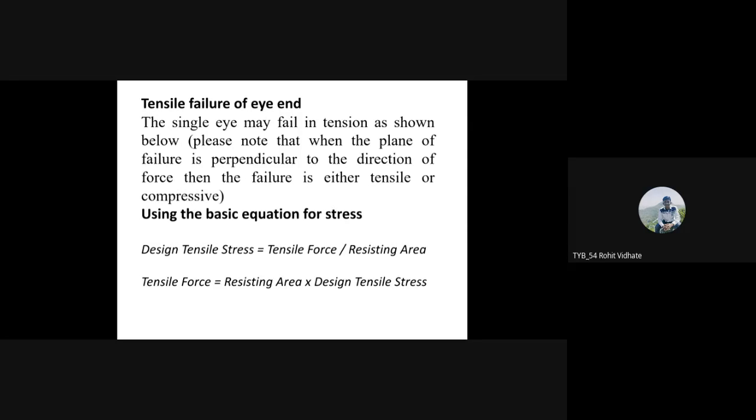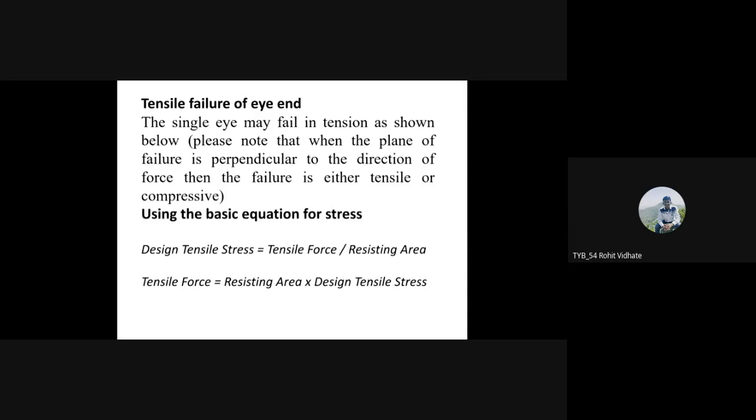Here we are going to consider tensile failure. That's why tensile stress and tensile force are considered. And whatever cross-sectional area is going to resist that type of stress, that cross-sectional area we are going to consider in that component.